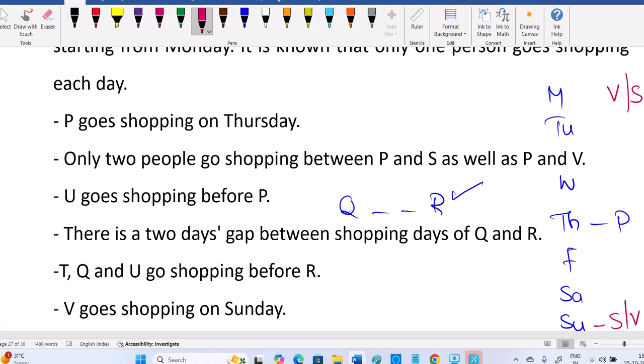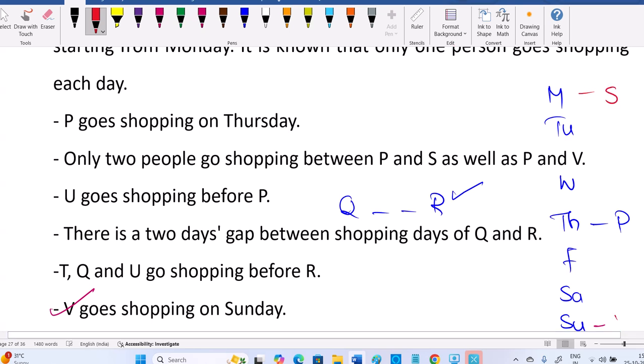We go shopping on Sunday, so that gives the clarity. V will be at the end, S will be at the starting.